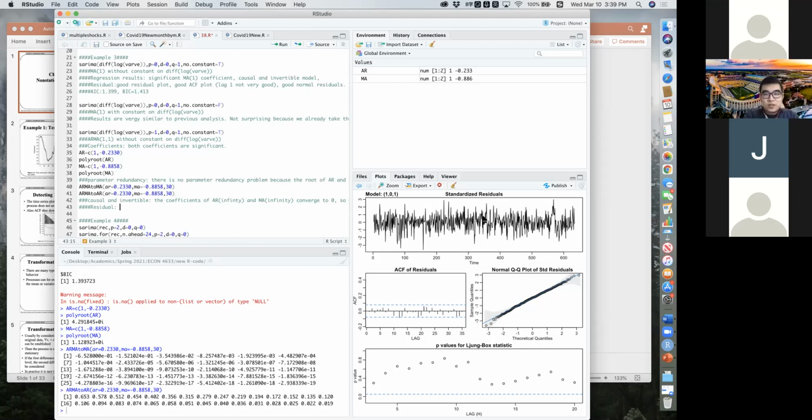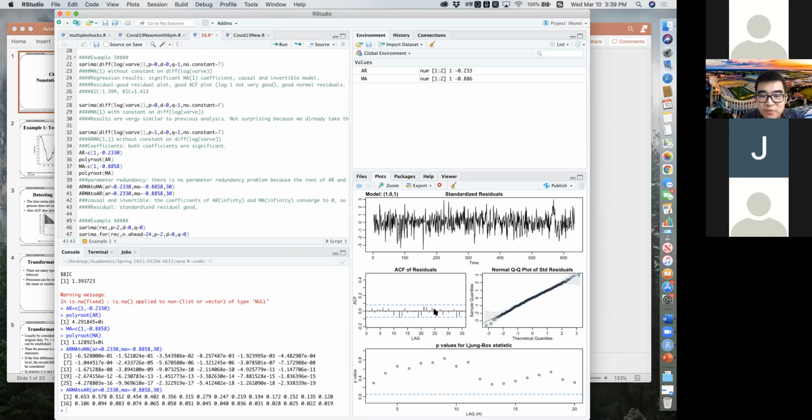Let's check the first graph. You can see the standardized residual plot is not bad. The mean is approximately equal to 0, which is very easy to see, and we do not have much heteroscedasticity problem here. The variance somewhat follows a white noise process. So the standardized residuals are good.